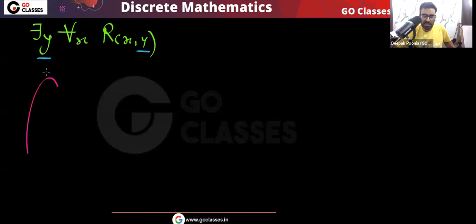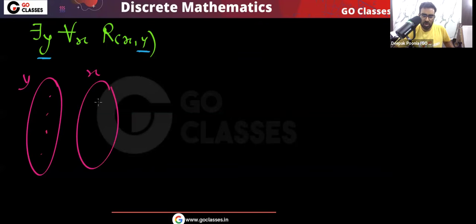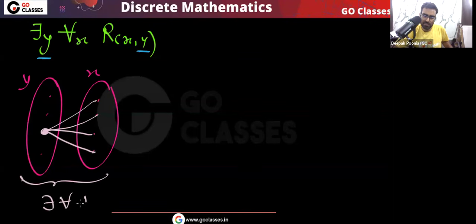The same thing: in the domain of y there is a fixed person, and this is the domain of x. So there is a fixed person such that you take everyone in the domain of x. The template is fixed.